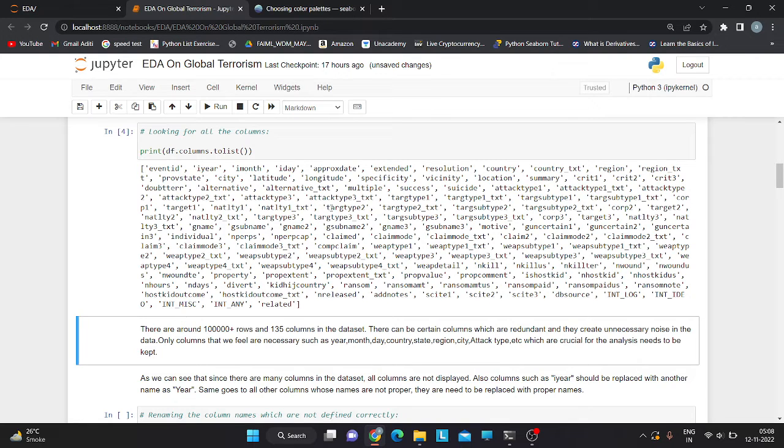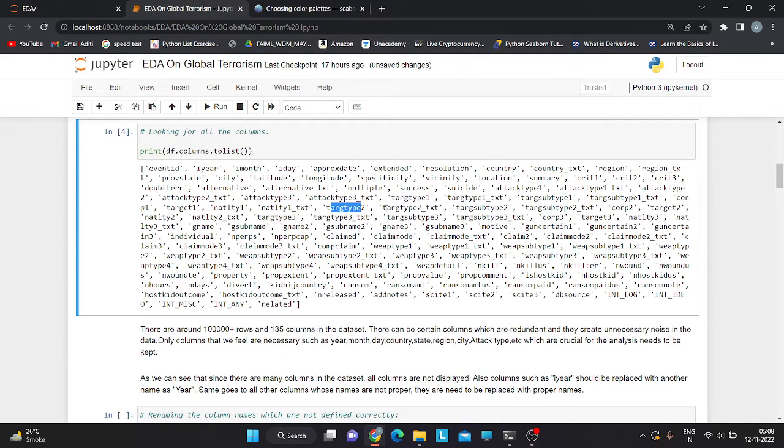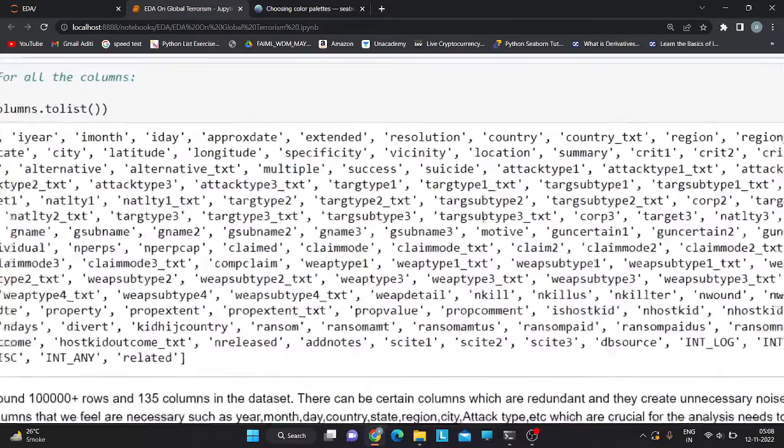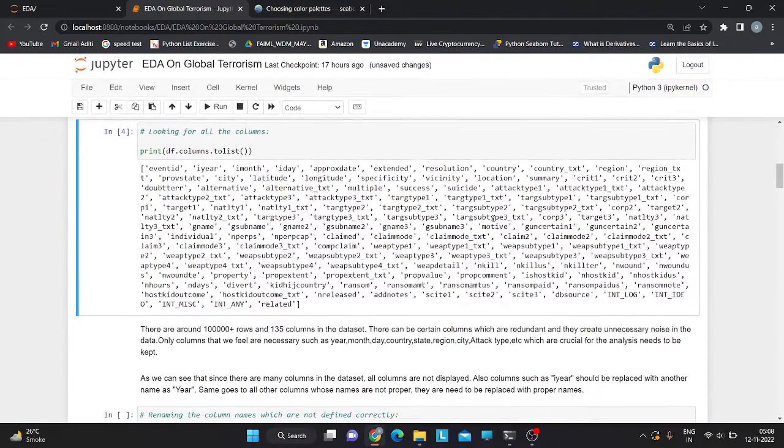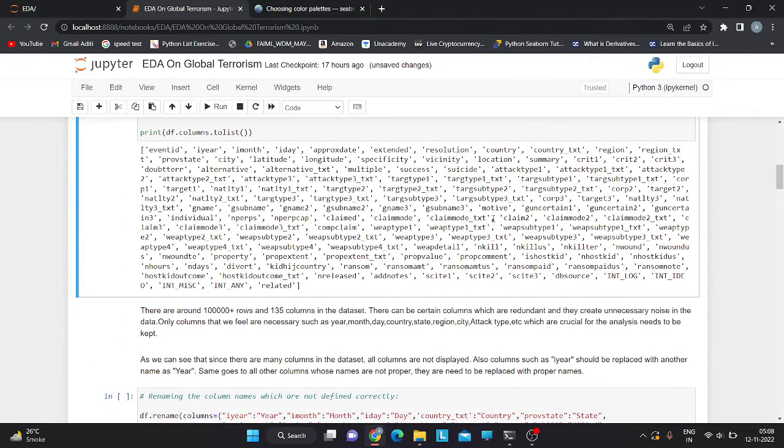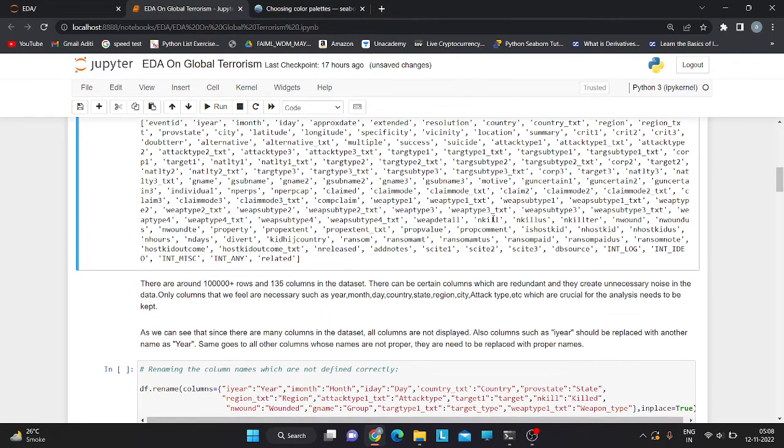There are certain columns like target type 2, target type 2 text, target subtype. All these columns are redundant. They are of no use to us because they are unnecessary columns. We can't come up with a good conclusion when we include all of these columns together. So we are not taking those into consideration. We are going to select only those columns which are important for our analysis.